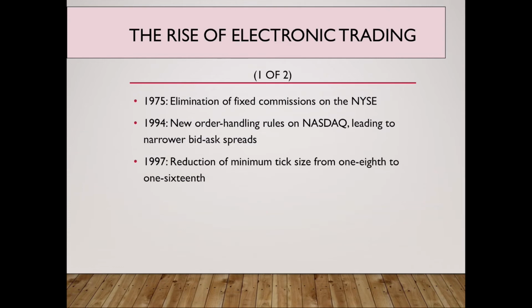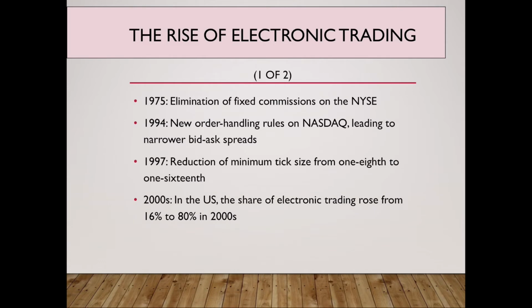And then in 1997, the minimum tick size was reduced from 1/8 to 1/16 of a dollar. A tick size is simply the change between a bid and an ask price. So there are much smaller spreads between the bid price and the ask price on these securities.